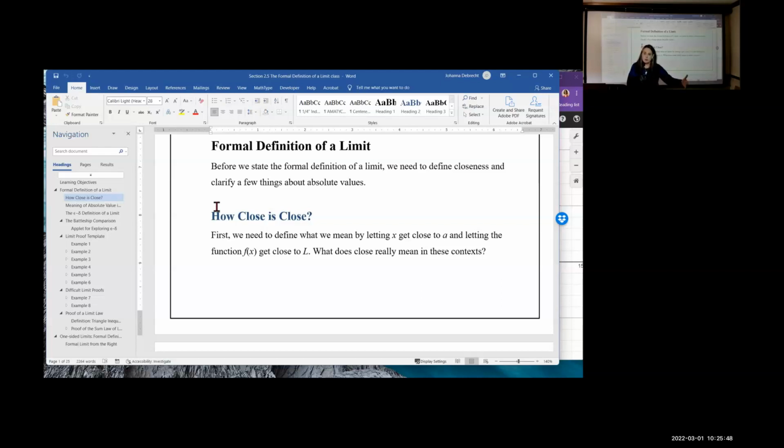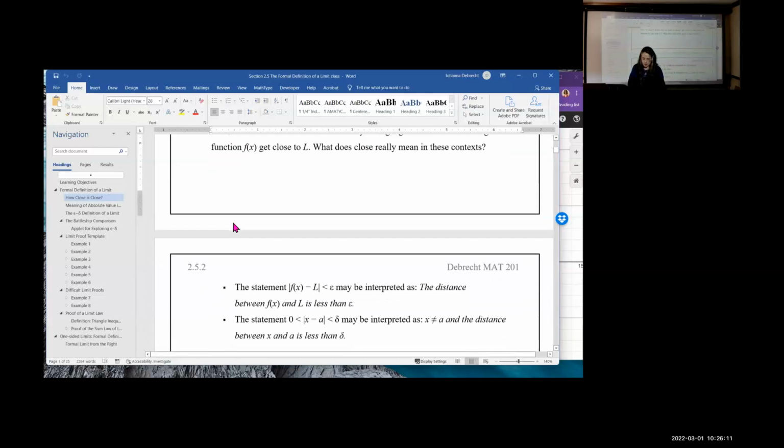How close does the y value get to the limiting value? We've seen occasions like in the last graph where we had a hole and the limit value was 2, but the actual function value was 3. So as x gets close to -3, the y value got close to 2, but how close is close? We need to make that quantifiable and make it mathematical.